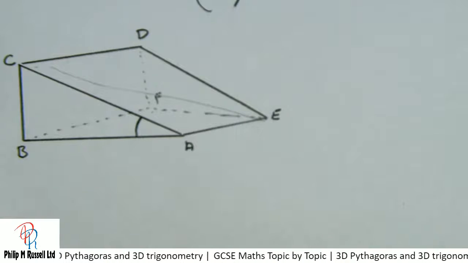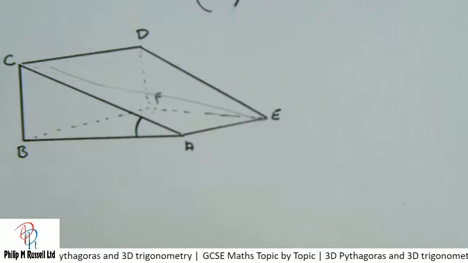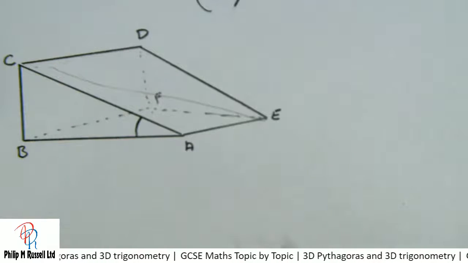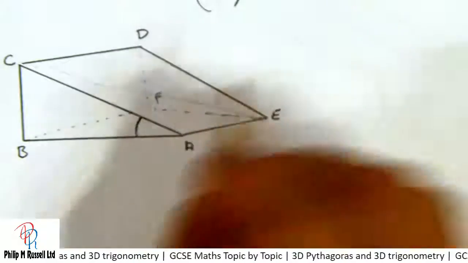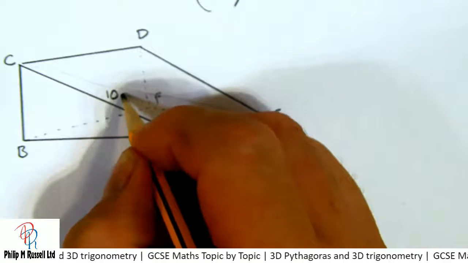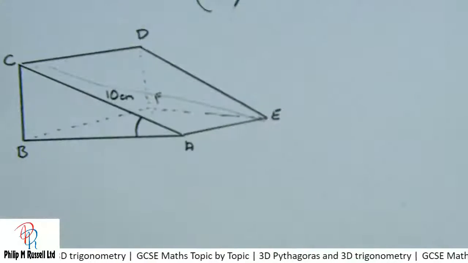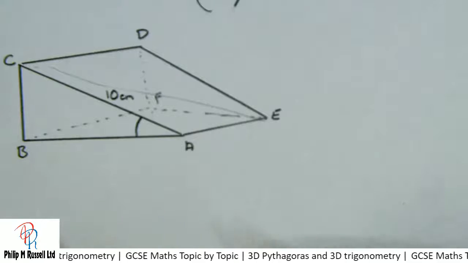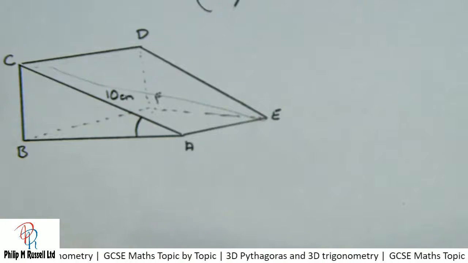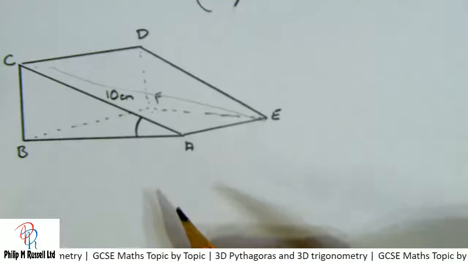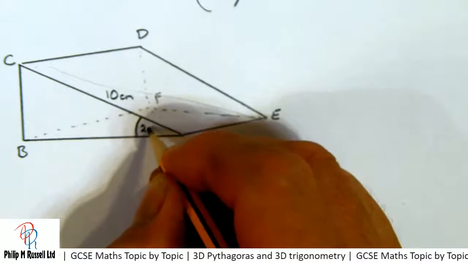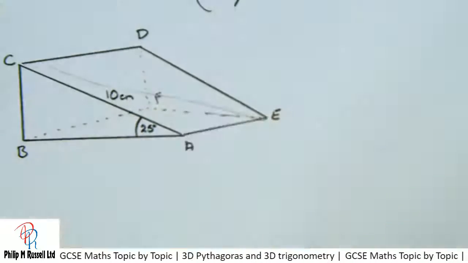So let's have some sizes here so we can do all our work. So let's suppose we make this a piece of cheese, let's say. So let's have this as 10 centimeters, and we probably want to have at least one other. Well, let's make life difficult. Let's imagine that this is at 25 degrees.